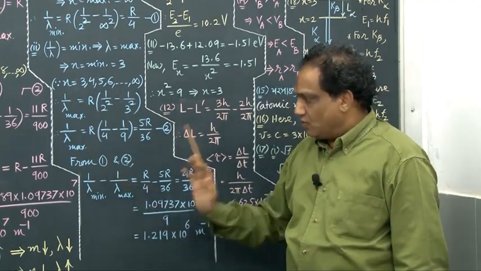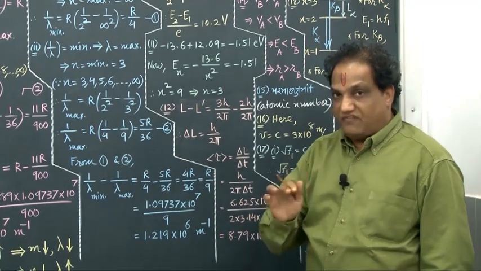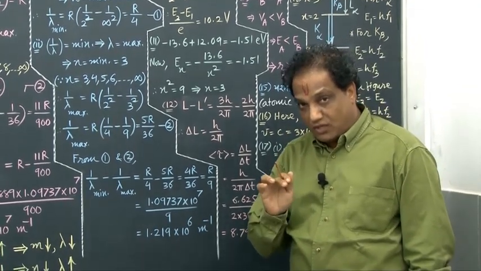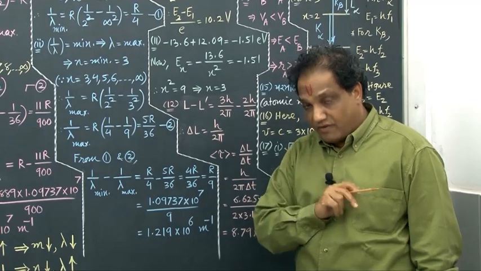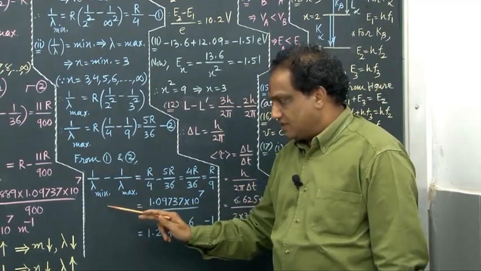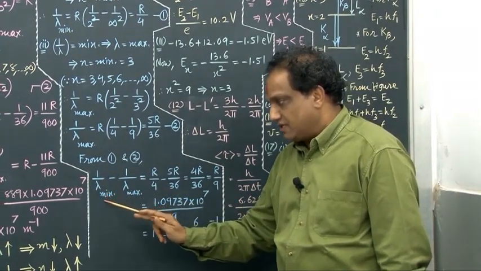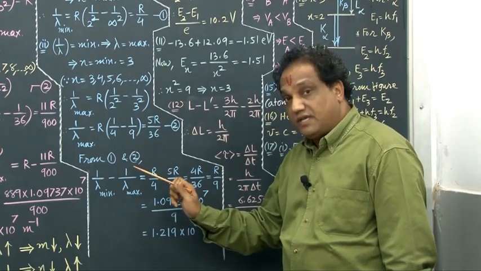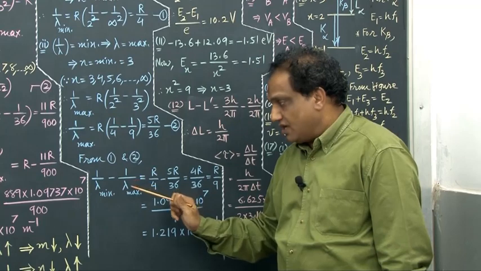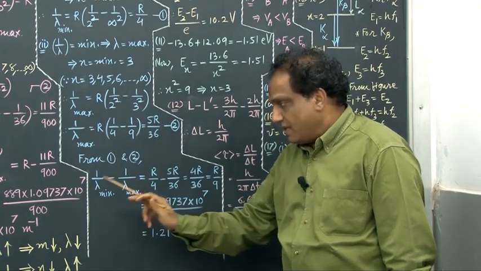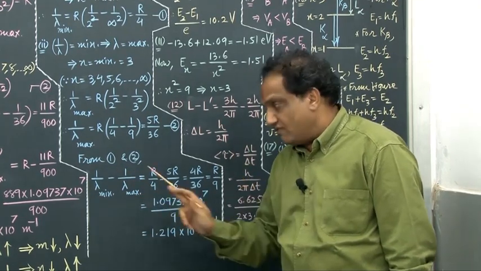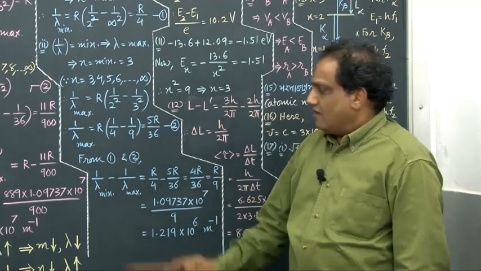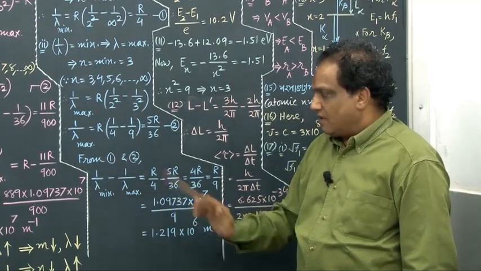Now from 1 and 2, we are asked to find the difference in wave number. Again I am telling you, bigger wave number minus smaller wave number. This is the bigger wave number because lambda is minimum here in the denominator. Here this wave number is less because the denominator is more, correct? Bigger minus smaller wave number will give you the difference in wave numbers. 1 upon lambda minimum minus 1 upon lambda maximum.